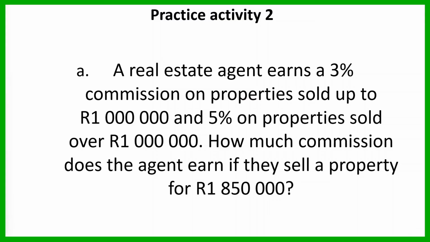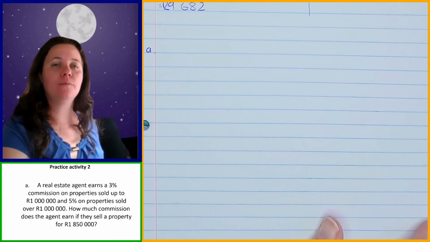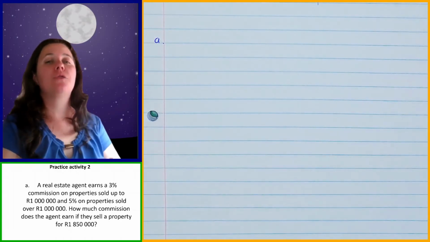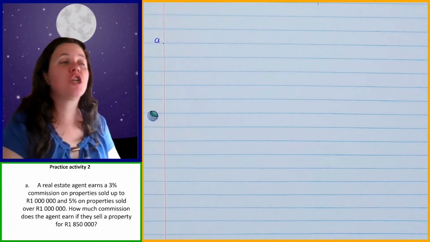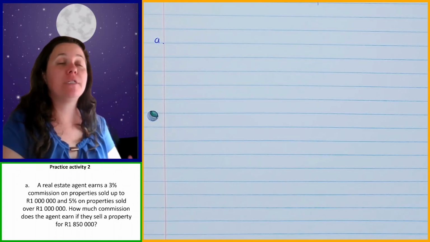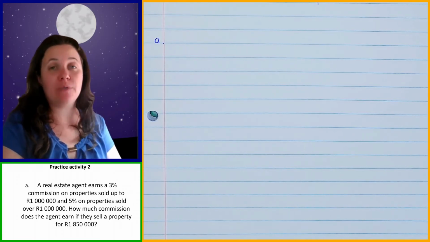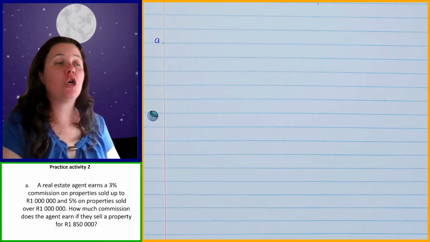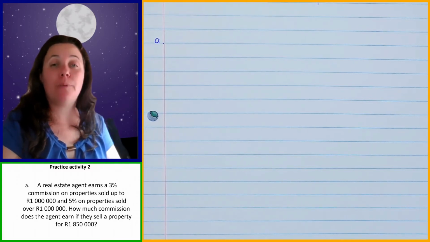Okay, so let's go through that and see what you should have got. So first of all, for this question, you had to identify which commission rate you need to actually do the calculation with. Are you using the 3% rate or are you using the 5% rate? So that is based on the value of the property that was sold.